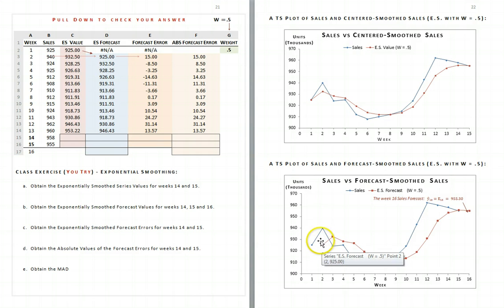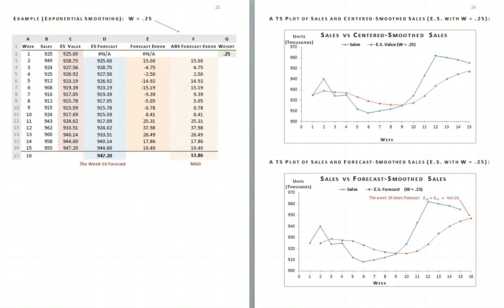This first one would be positive, as we would see here. The next one, actual minus forecast, would be negative, as we see here, and so forth. Here's our forecast for the 16th week. That's the value we would obtain here. We've once again moved to the next page.